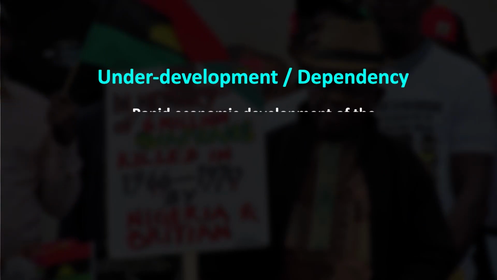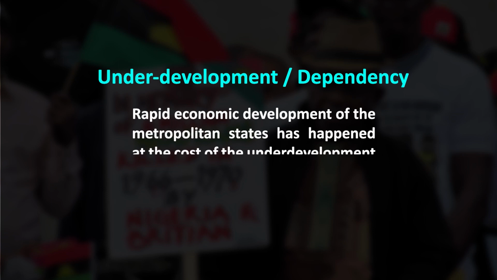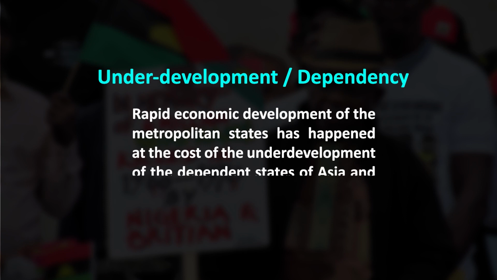According to the underdevelopment or dependency theory, the rapid economic development of the metropolitan states has happened at the cost of underdevelopment of the dependent states of Asia and Africa. For the neo-Marxists, decolonization brought no substantive change to the economy of post-colonial states, and the indirect political dominance of the metropolitan bourgeoisie from the former imperial countries has actually continued unabated.